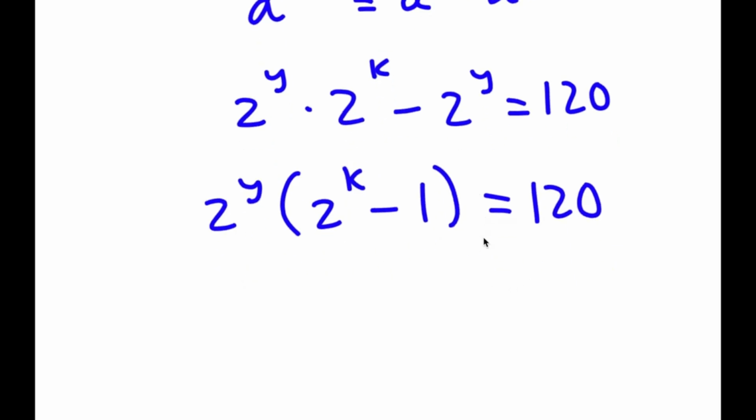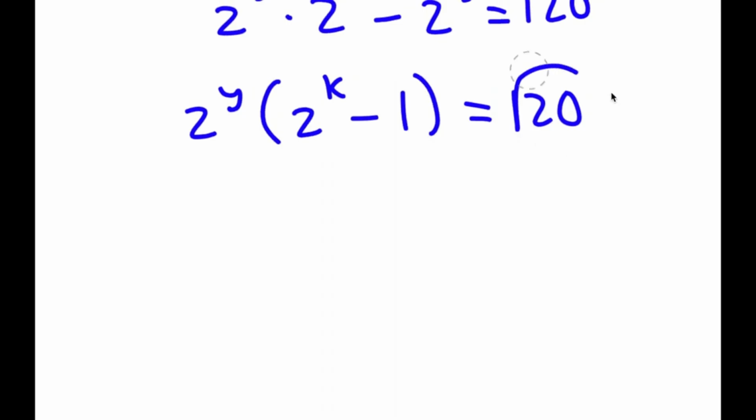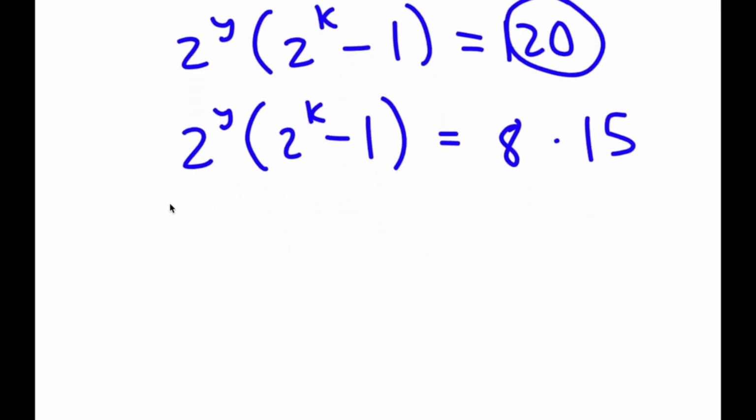So now this gives me two equations. Before that, actually, 120 I can rewrite as 8 times 15. So now, as you see, this is going to give me two equations.